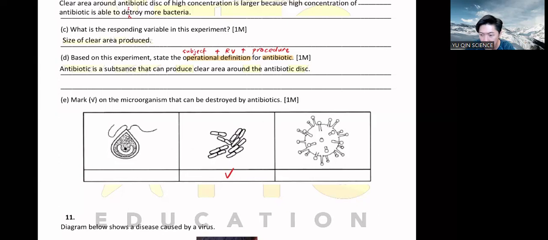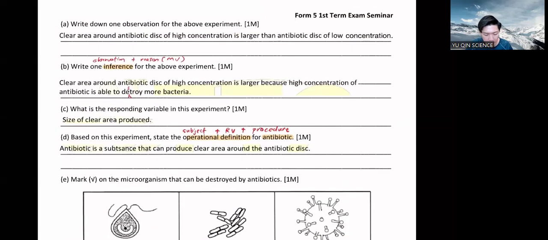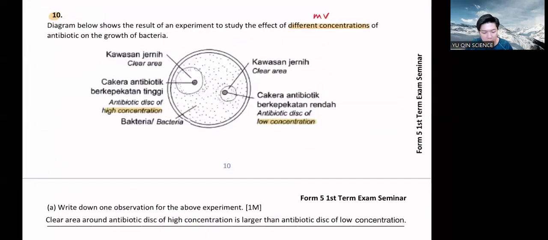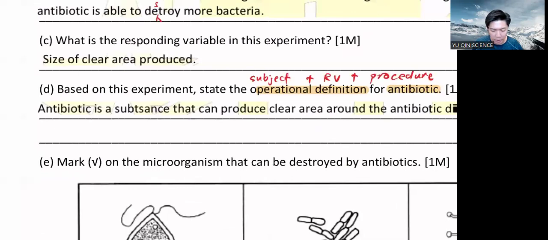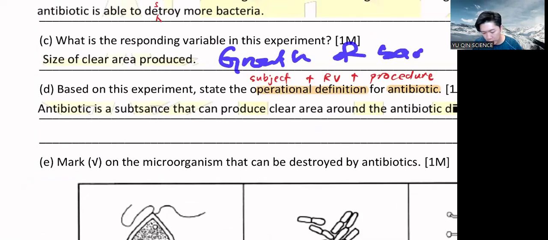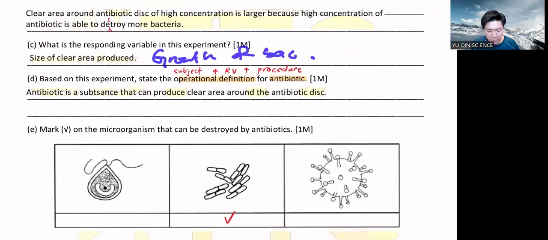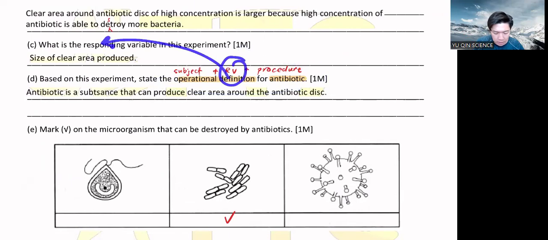Growth of bacteria for RV cannot, okay, not to say cannot. You think about this. If you write growth of bacteria here, imagine the next question asks for this one. Automatically, responding is this, right? Then you'll be writing: antibiotic is a substance that can cause the growth of bacteria.